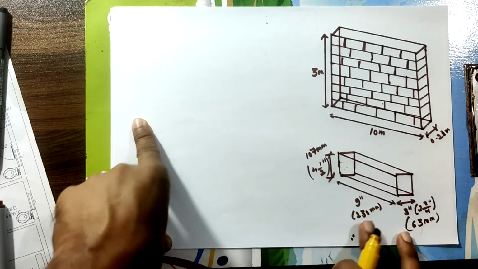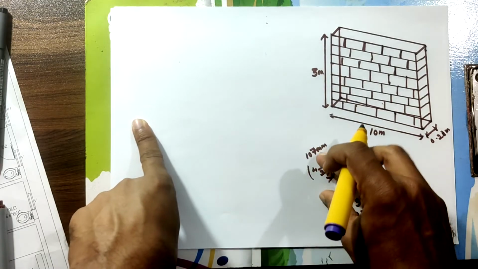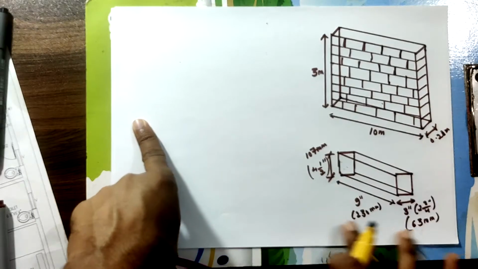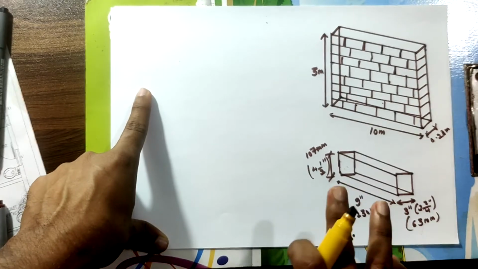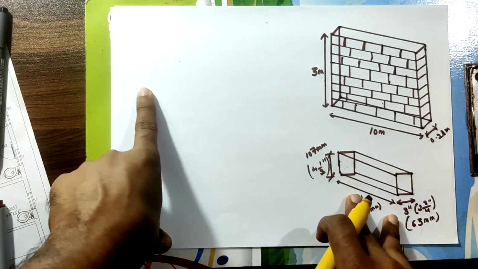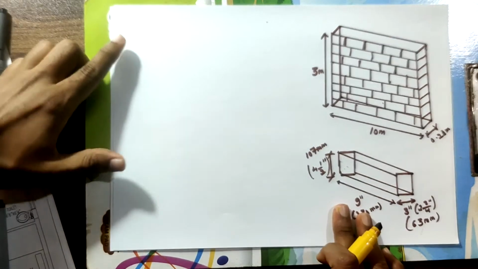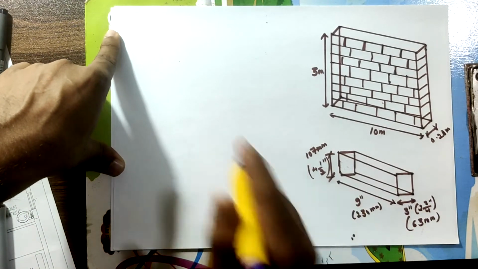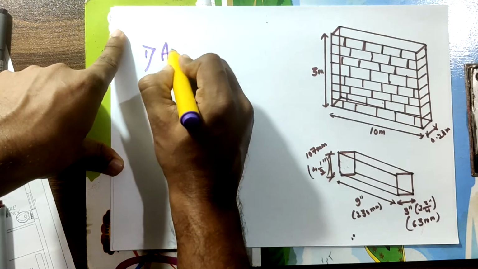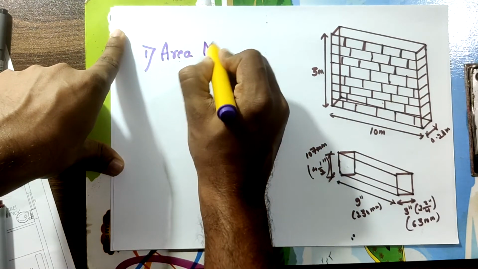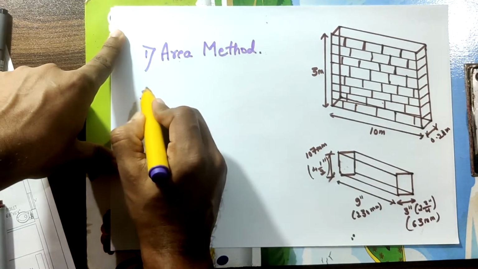And from the figure it is very clear that the standard dimension of the brick is 230 mm by 63 mm by 107 mm. This varies from country to country also. Mainly there are two methods to estimate the quantities or number of bricks. The first one is the area method, and the second one is the volume method.